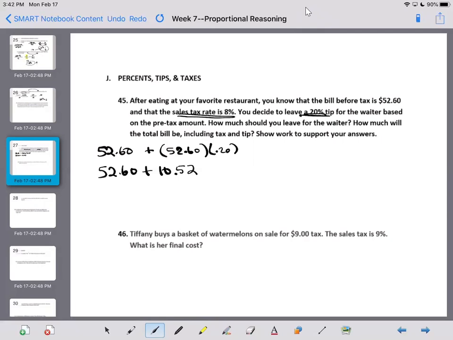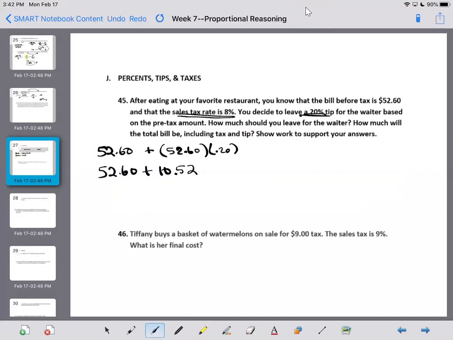Well, if you wanted to do a 15% tip and you took 10% mentally and you said it was 5, well, what's half of 5? Half of 5 is $2.50. Well, that's what you would add to $5. So it'd be $7.50 if you were looking at about a 15% tip.